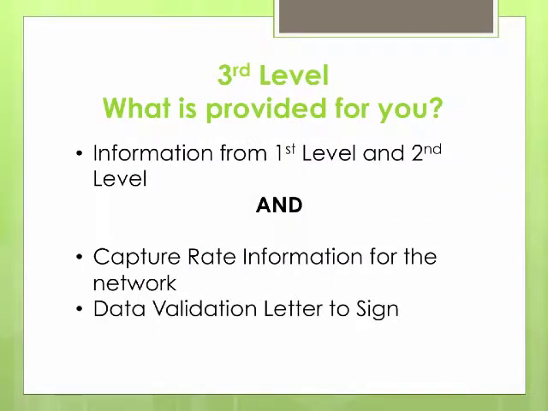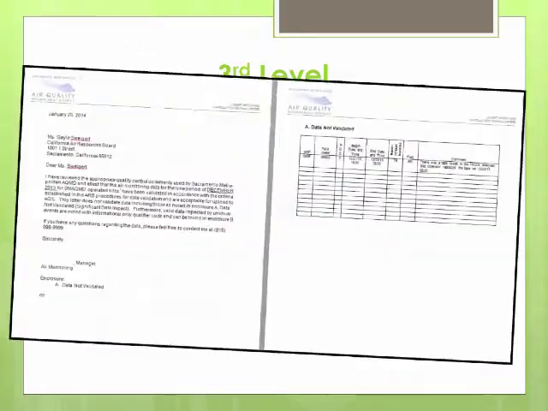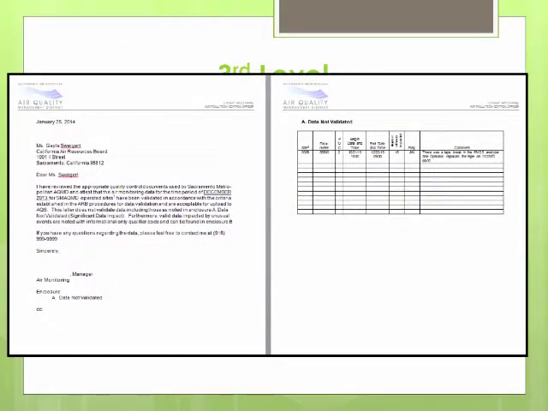And then you have a data validation letter to sign. That's what you're supposed to do. Here it is. So you have a dummied up version that you're going to review and then sign. So you're going to pick one person from your table to sign on the dotted line.